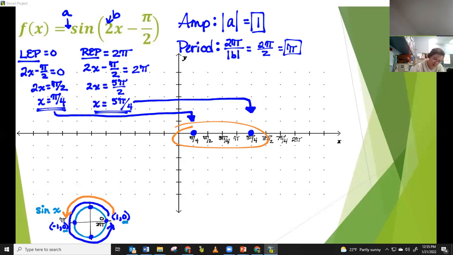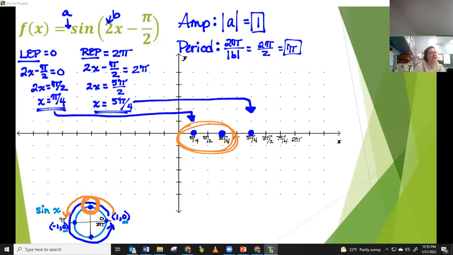3 pi over 4, yes. So at 3 pi over 4, I am right back here in the middle. When I'm talking about my sine values, right here would be from the beginning to the halfway point. So that's like where this orange arrow is here. What is my sine value up here at the top?